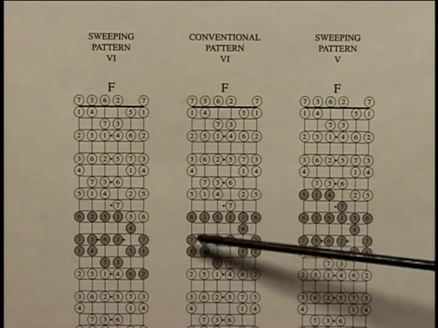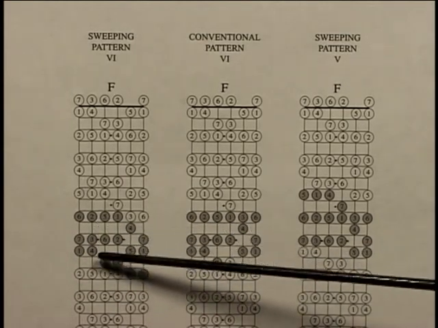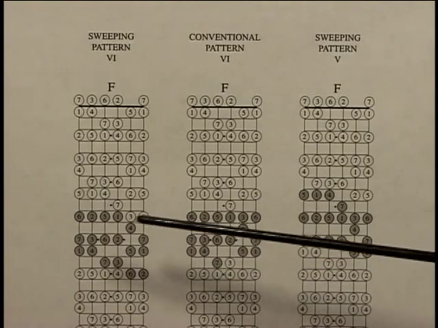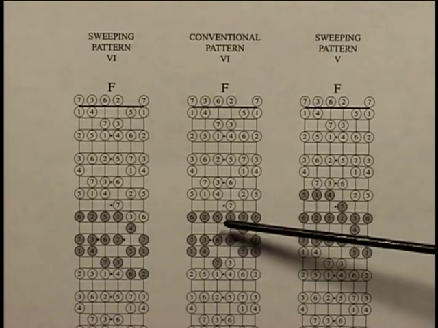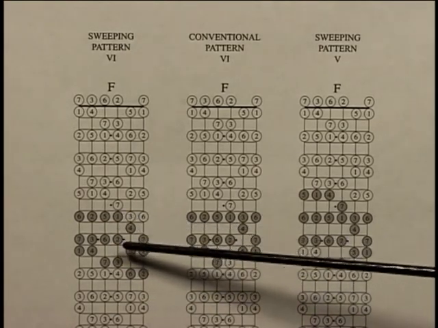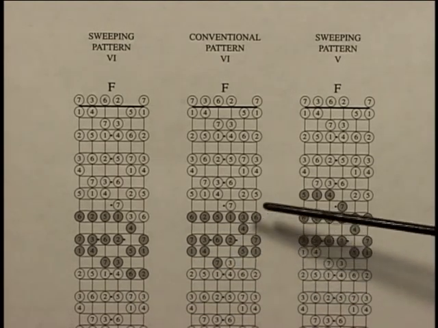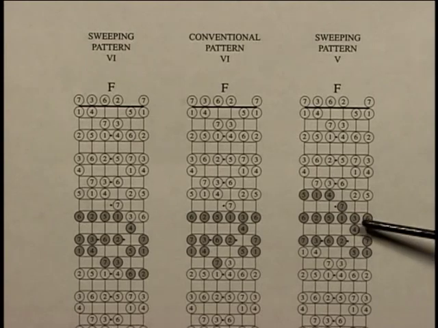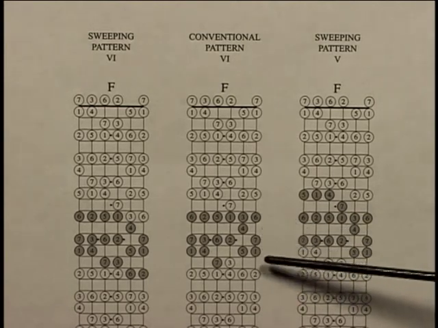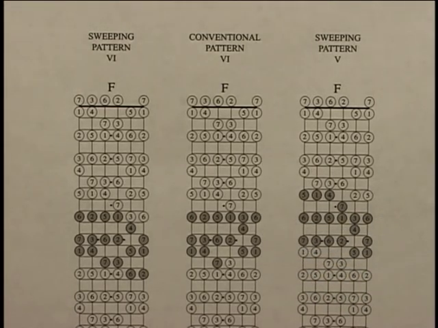6, 7, 1, 2, 3, 4, 5, 6, 7, 1, 2. Here's the change on the third string again, and then 3, 4, 5, 6, 7, 1.